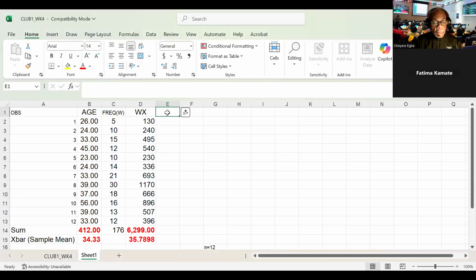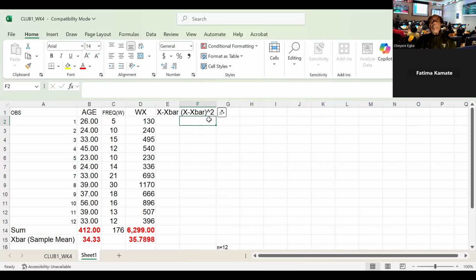We take x minus x bar, then we take (x minus x bar) to the power 2. That is what we are going to use, but we must calculate x minus x bar first.